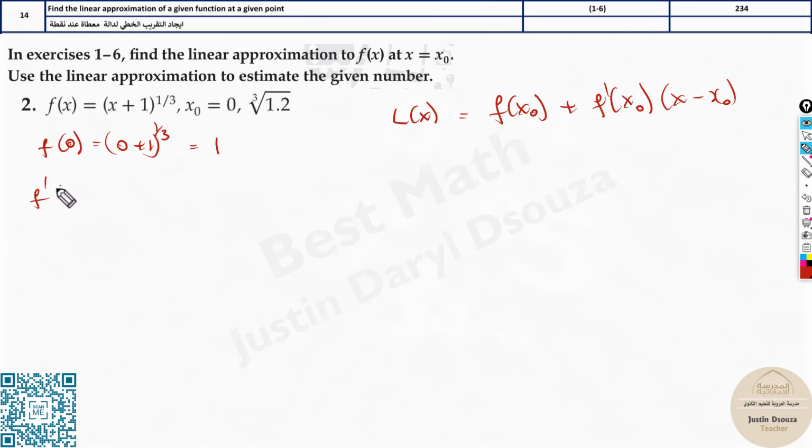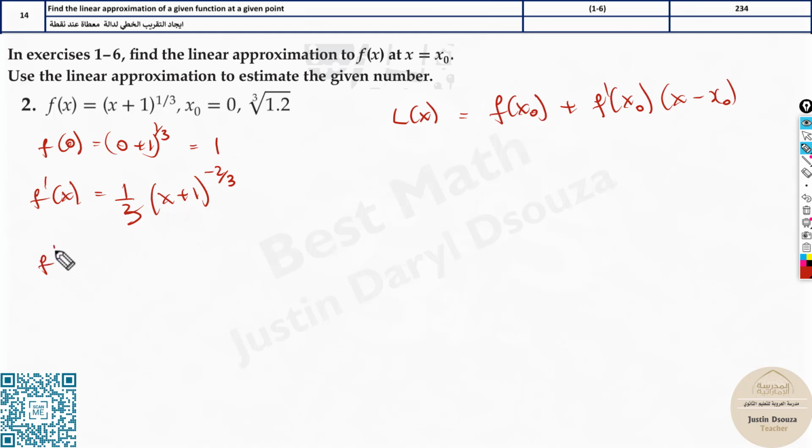Then we derive this given function. Here 1 by 3 comes down, it's the power rule, multiplied by x plus 1 to the power 1/3 minus 1, which is negative 2/3, because we subtract 1 from the power.